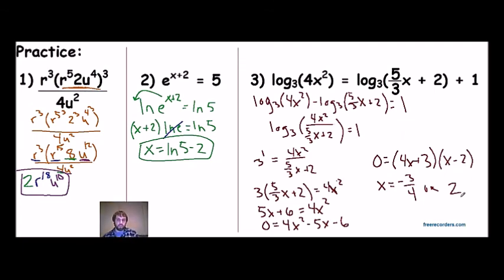Let's see if they both work. So you have to go take these and go back and plug them into the original equations for your x. Okay, we can't take a log of a negative number. So 4 times negative 3/4 squared makes it into a positive number. So we're good to go there.